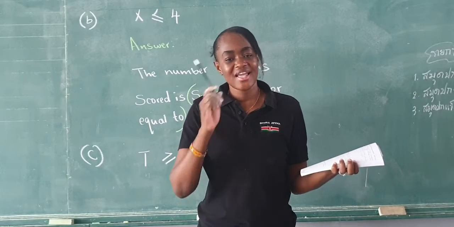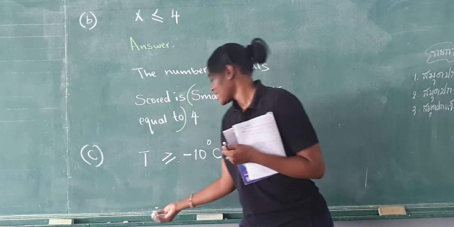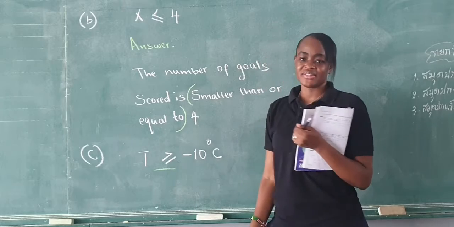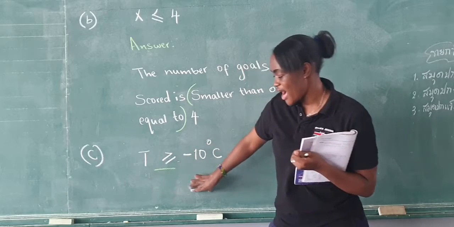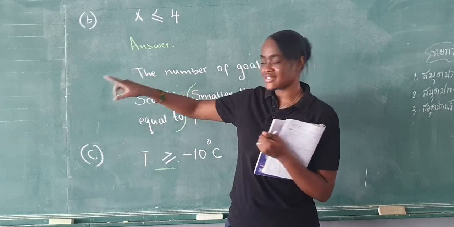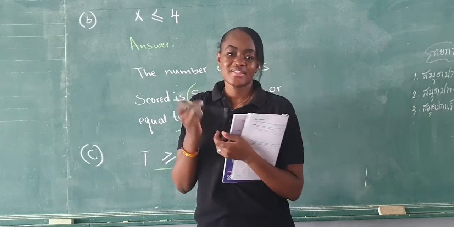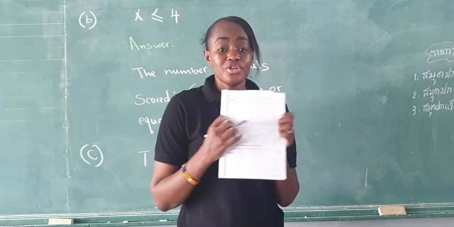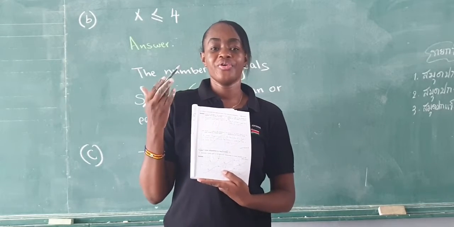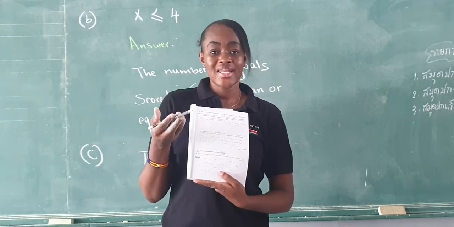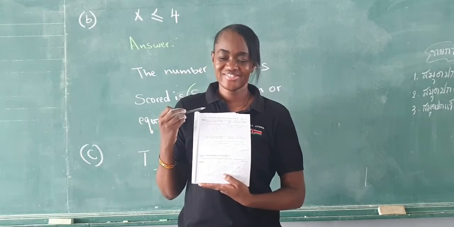You have to practice, and when you come back to school, I will check your book. When you finish, you write your answer. Same style as A and B. Try letter C on your own. If you don't understand, you can use a dictionary or Google to translate and find the meaning of the words on part C.